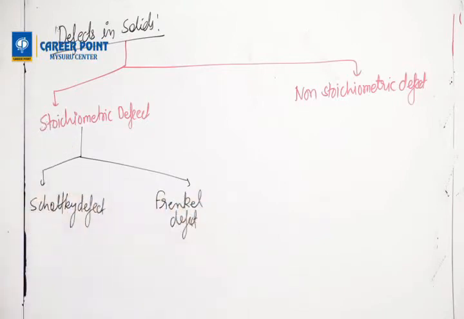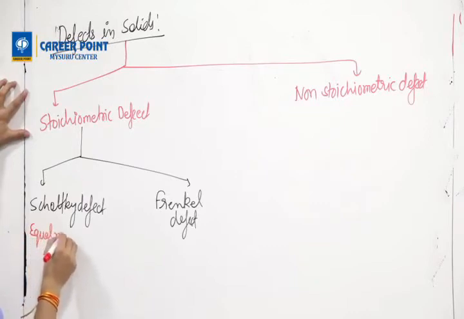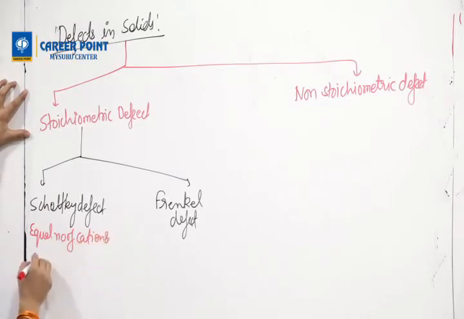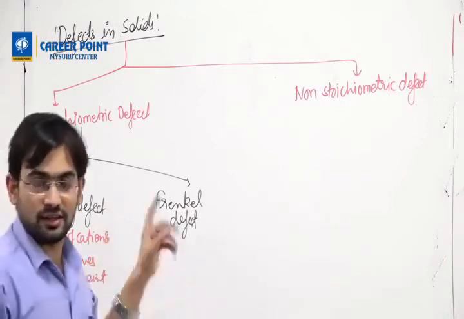In case of Schottky defect, what happens is equal number of cation and anion leaves the lattice. If you remember, when I drew the NaCl structure, I removed one Na+.